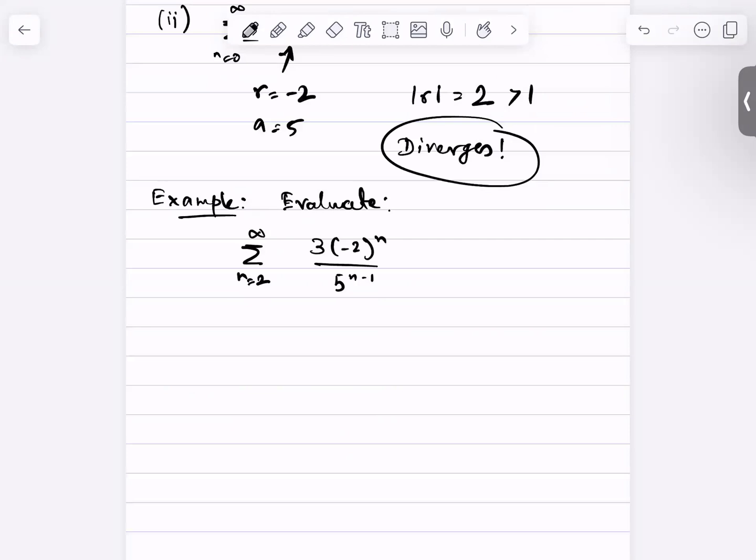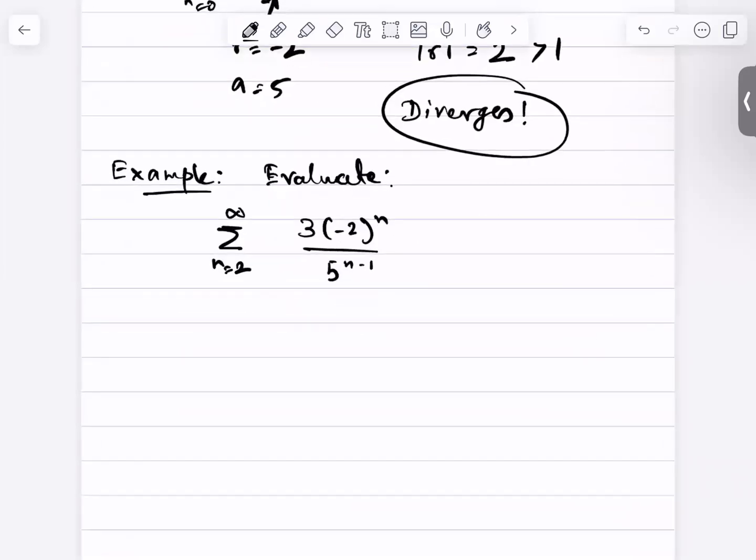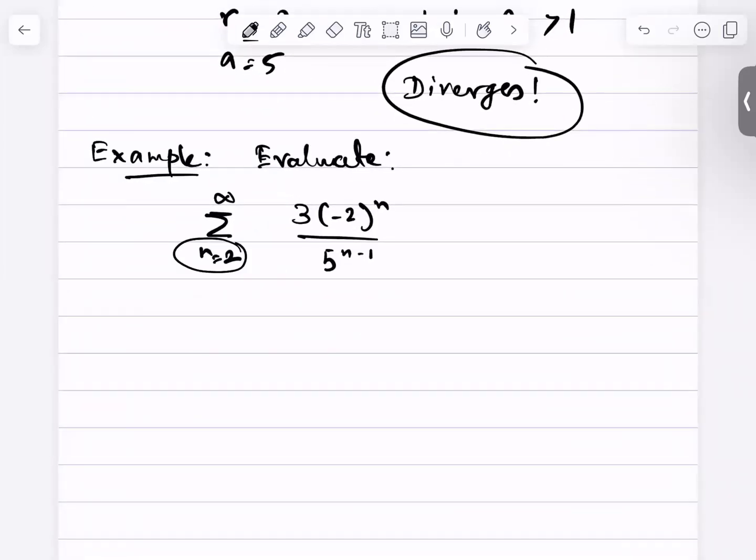The next example is a little bit tricky, though it's a simple use of the geometric series test, but there is a little bit of a trick involved. Okay, so the main thing is here, n starts from 2, not from 0.